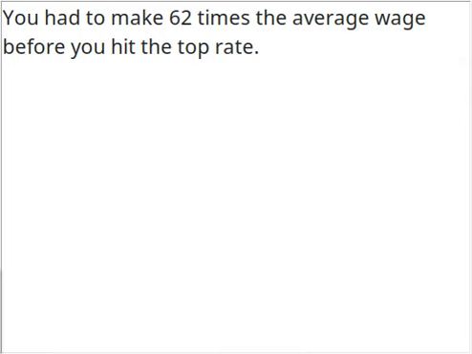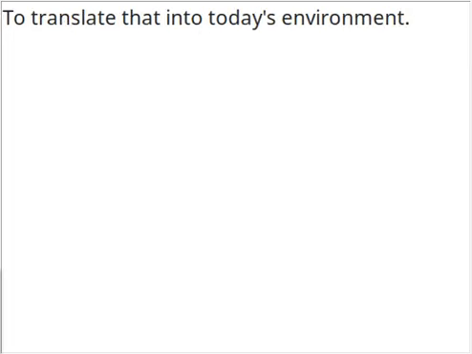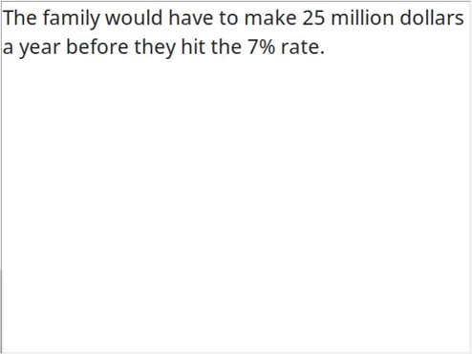You had to make 62 times the average wage before you hit the top rate. To translate that into today's environment, a family would have to make $25 million a year before they hit the 7% rate.